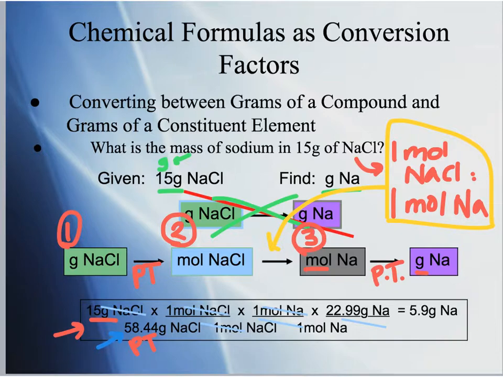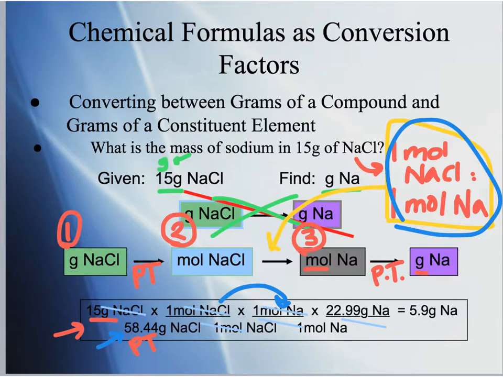Our next step, we said, was going to go from moles of NaCl to moles of Na, just sodium by itself. And remember, to do that, we were going to use our conversion factor. In 1 mole of NaCl, we have 1 mole of sodium atoms. So we have a 1-to-1 ratio there.